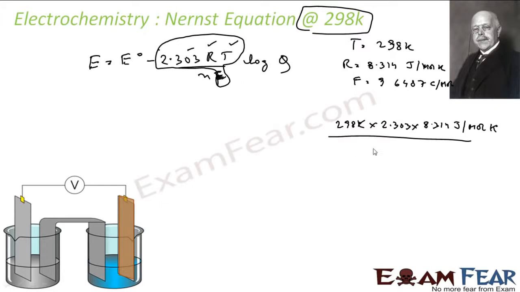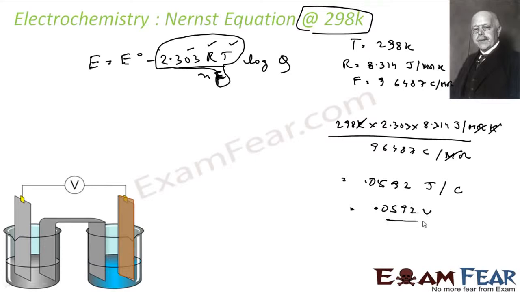F you have to write, F is 96487 coulomb per mole. Kelvin cancels, mole cancels. So what you get is 0.0592 joule per coulomb, and joule per coulomb is volt, so it becomes 0.0592 volt.